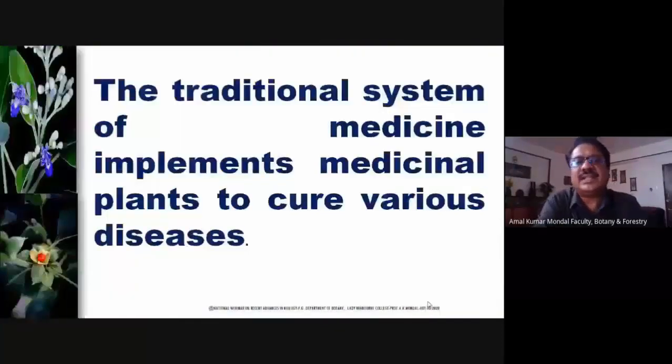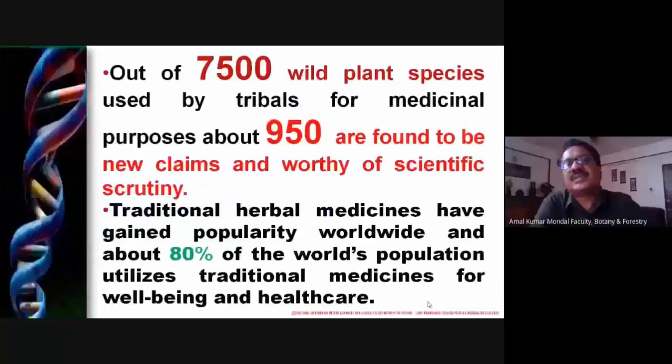So the traditional system of medicine implements medicinal plants to cure various diseases. Out of 7,500 wild plant species used by tribals for traditional purposes, about 950 are found to be new claims and worthy of scientific scrutiny.